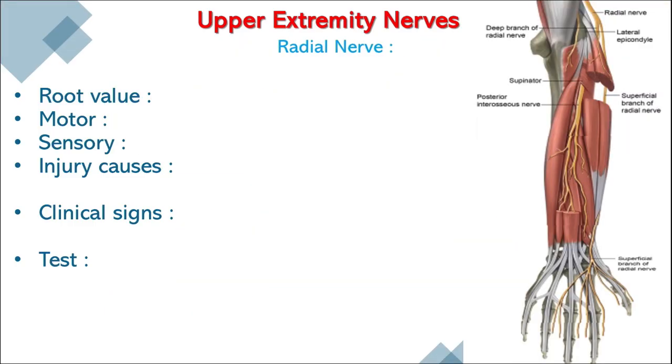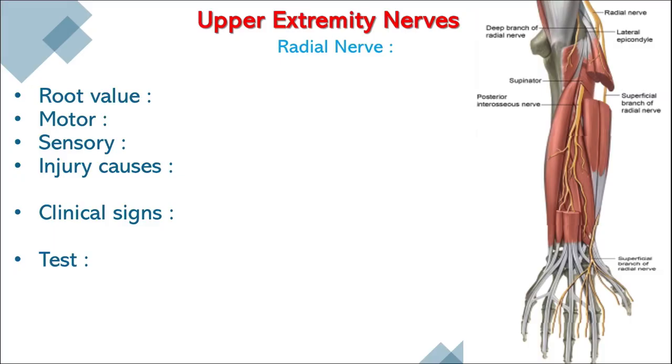Next we are going to discuss the radial nerve. The radial nerve is very important because after surgery, for example if a patient has a supracondylar humeral fracture, or any surgery on the medial side, the radial nerve can get stretched because of that surgery, and it will cause neurapraxia or radial nerve palsy.